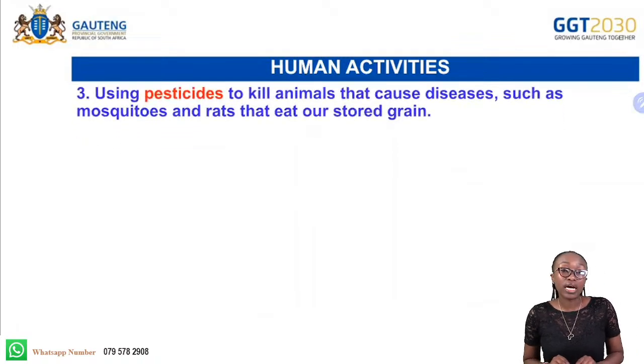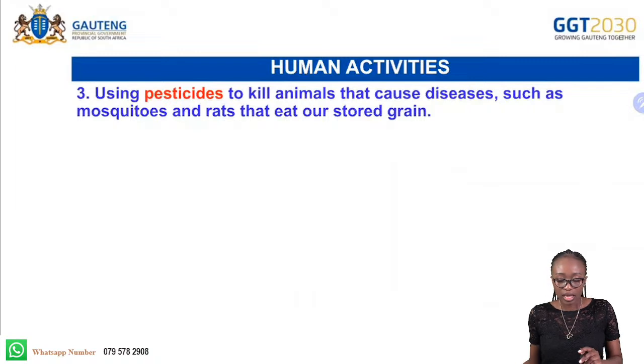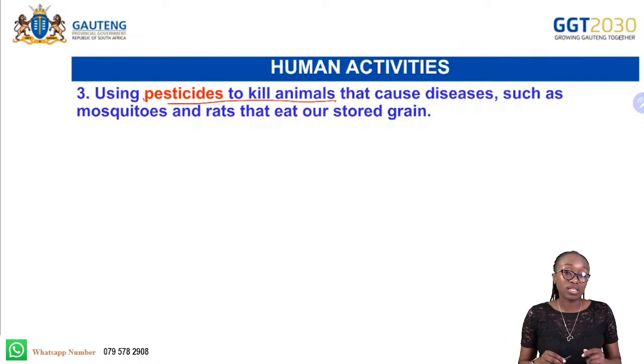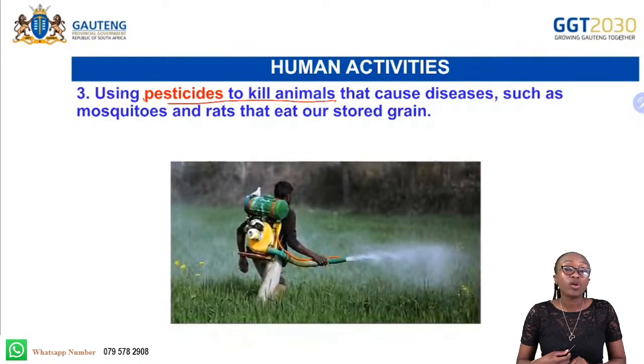Another human activity that may cause extinction or reduction in biodiversity is using pesticides to kill animals that cause diseases, such as mosquitoes, and rats that eat stored grains. This can cause a loss in variety.